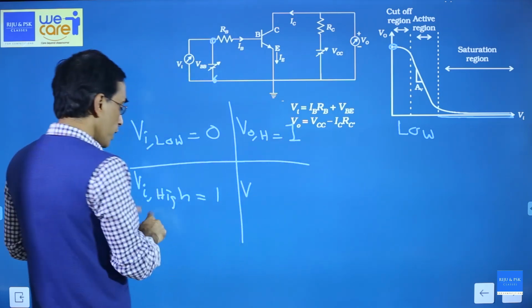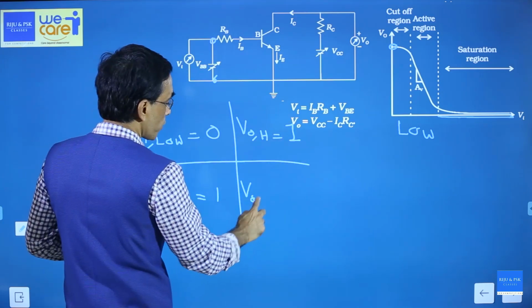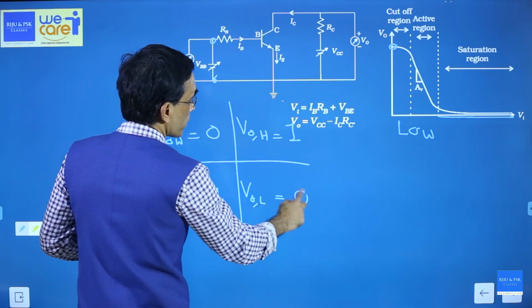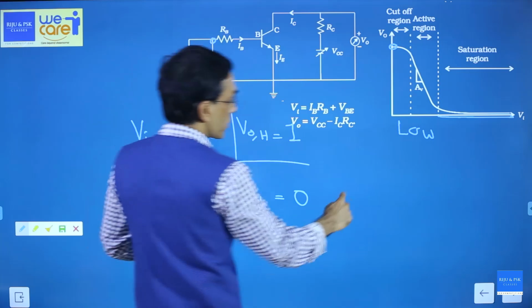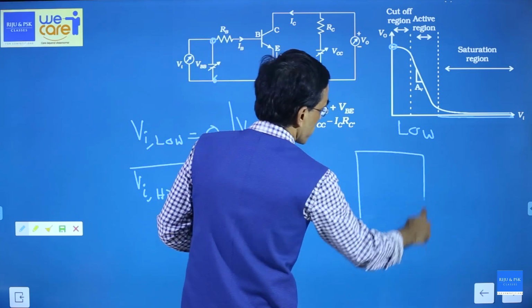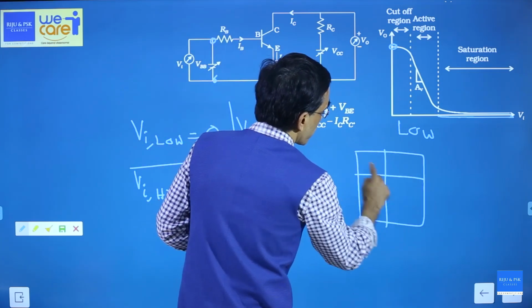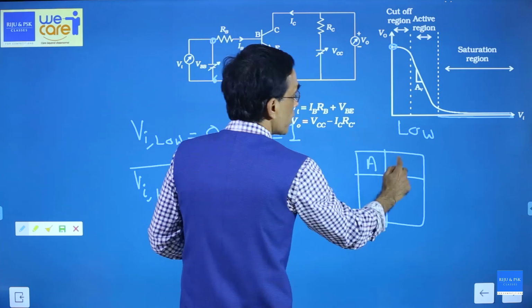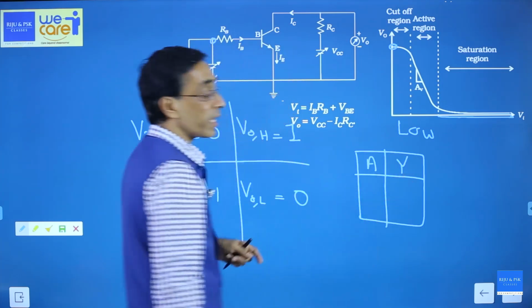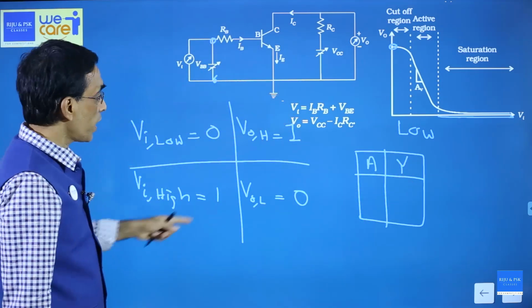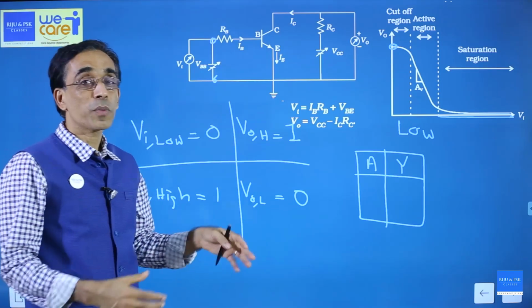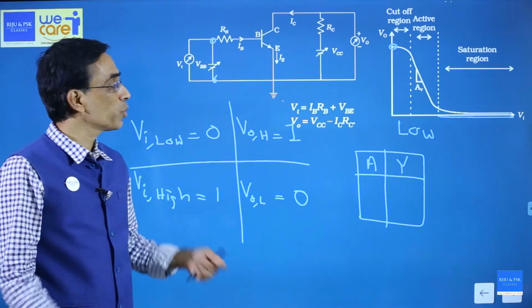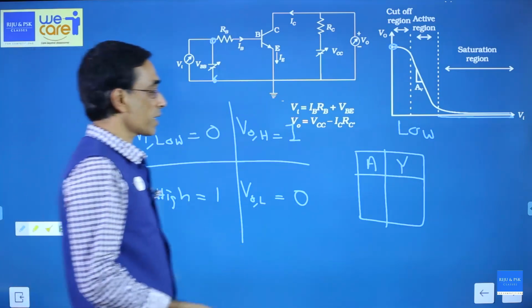When V input is high, then V output will become low, and that is called 0. So you can write these 0s and 1s in a table like this. A is the input and Y is the output. A stands for the input you give and Y stands for the output you take. I don't know why output is written as Y everywhere, but universally it is like that.